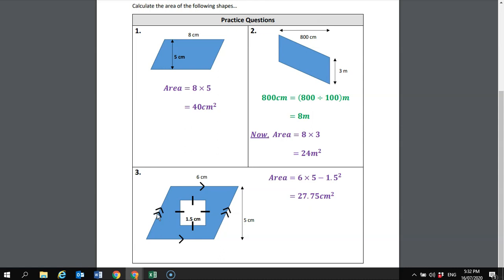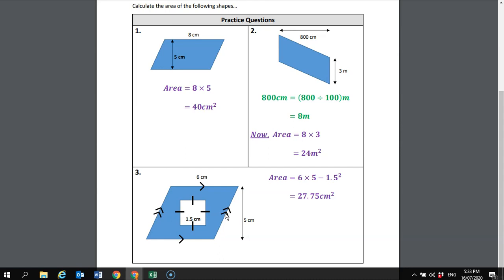And just to finish off, one slightly trickier one, another problem with a hole in it. Okay. Now these funny arrows, I haven't actually got them on the above diagrams. I probably should have done, but sometimes they're left off and you just assume that it's a parallelogram. So these two sides are parallel and these two sides are parallel. And the fact that there are two little arrows here on both sides and one arrow on this pair of sides, that means that this pair of sides have different lengths from this pair of sides.